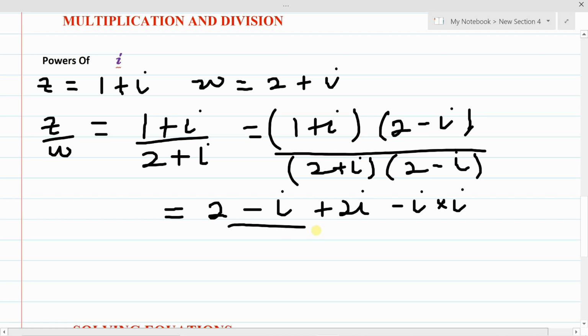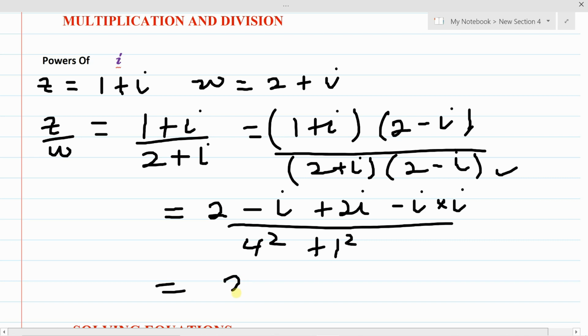This whole of this over, like we said, if you simplify the denominator, you get the real part squared plus the imaginary part squared, and this will give us 2 squared plus 1 squared, that is 4 plus 1, which is 5. Then look at the numerator: -i times i is -i squared, and i squared is -1, times the negative in front, that will give us positive.